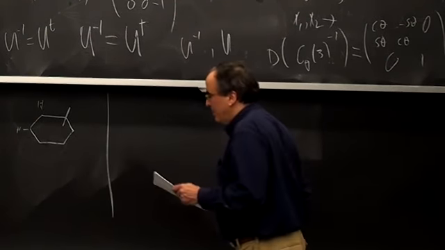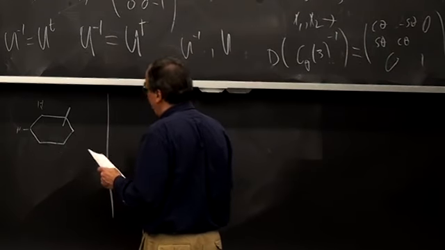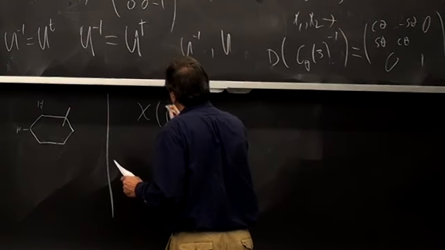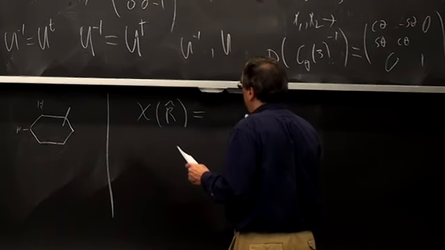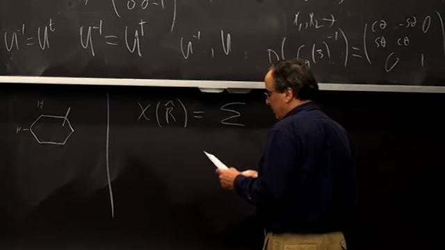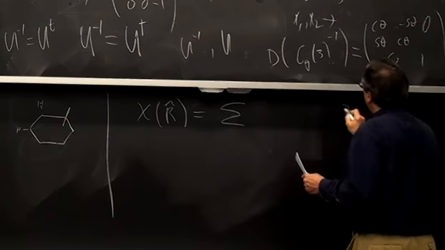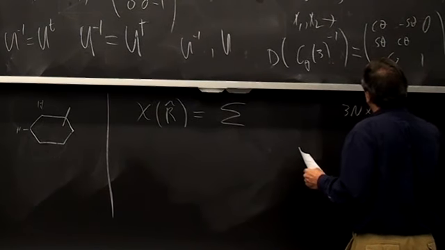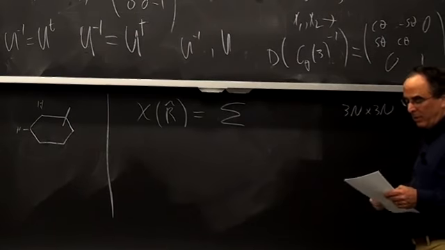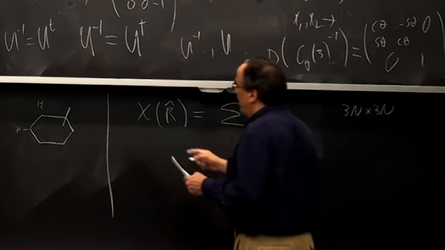And I'll start. So we have matrices, and we're going to simplify matrices to characters. And so suppose we have a 3n by 3n dimensional matrix. That would be the complete thing that you would use.